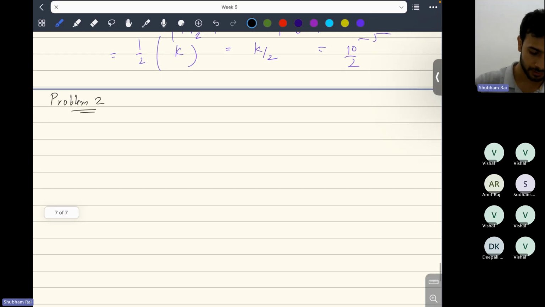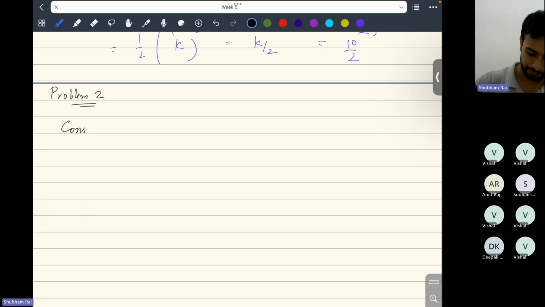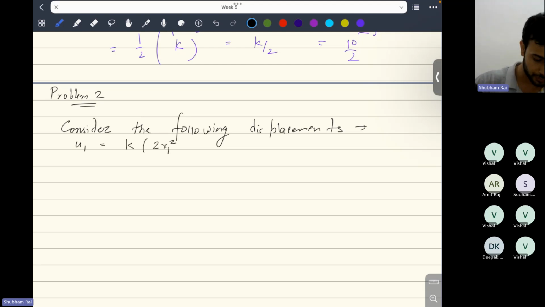So you have to consider the following displacements. These are given by u1 is k times (x1 square plus x1 x2), and u2 is given by k times x2 square, and u3 is 0, and k is 10 to the minus 4.